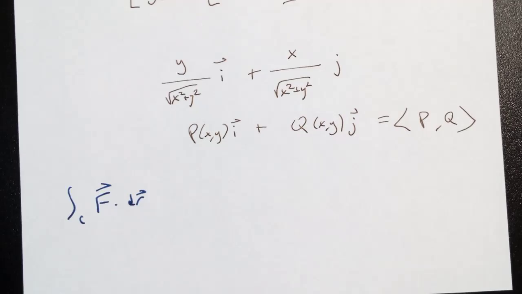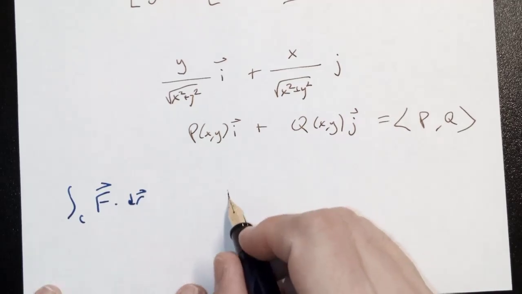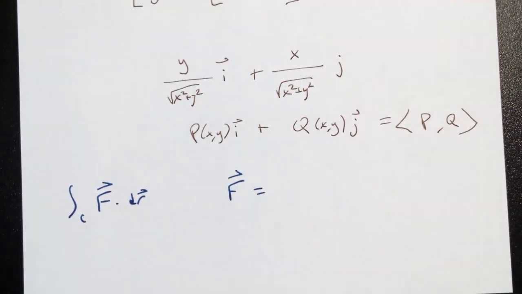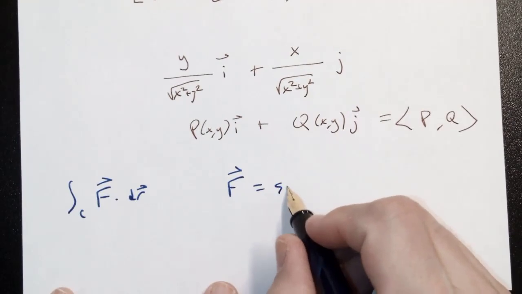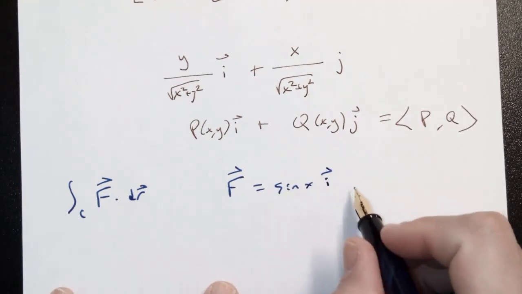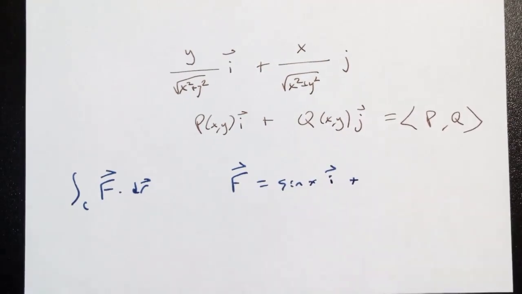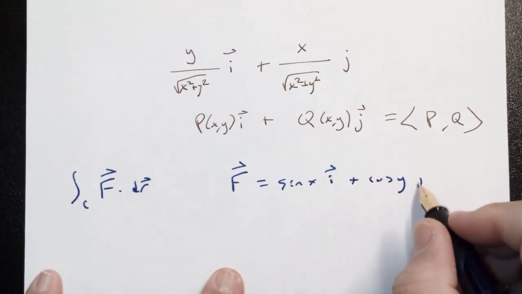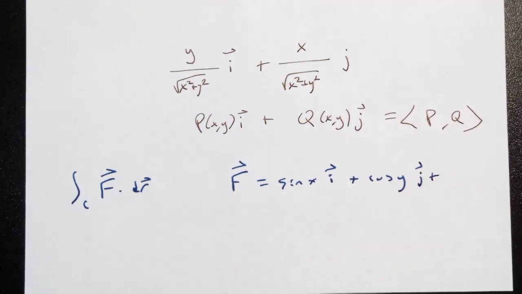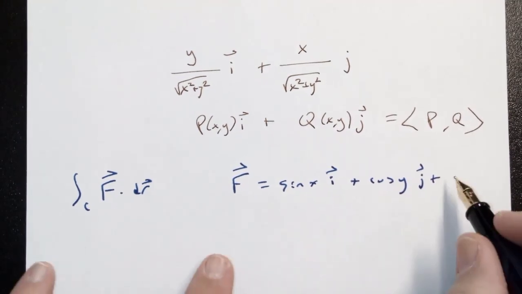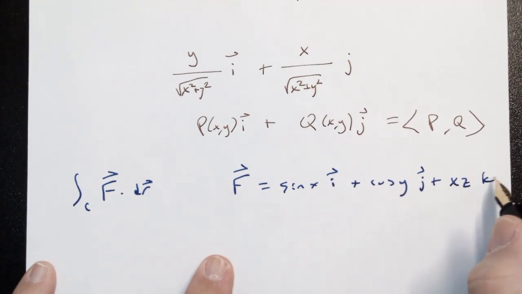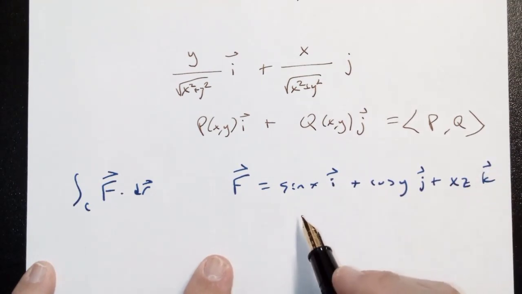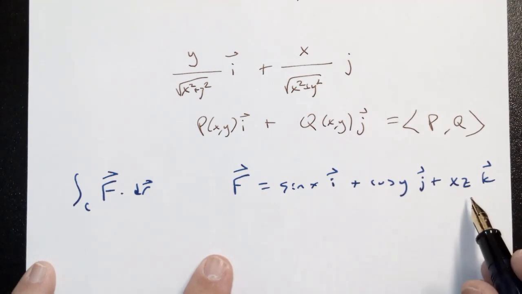So 21 says that your function F is sine x times i plus cosine y times j plus xz times k. So then here's P of x, y, z, Q of x, y, z, and R of x, y, z.